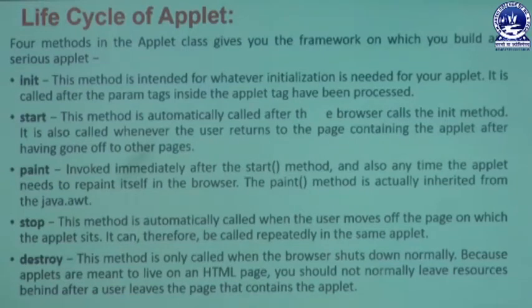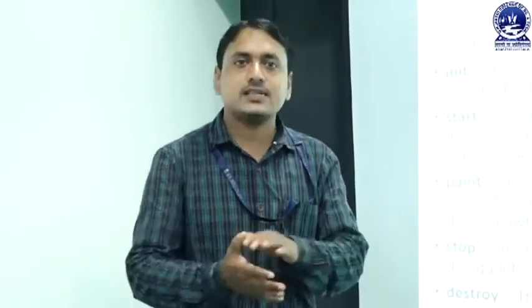That means the start method is invoked whenever your init method is called, and sometimes it is inbuilt in the init method. That means it is the starting of that program or that method, and that method must be explicitly defined, otherwise it can be invoked implicitly in a program.